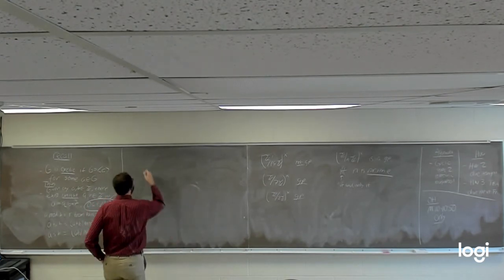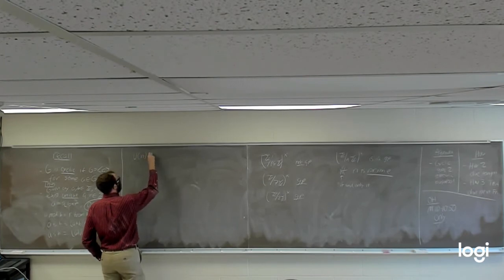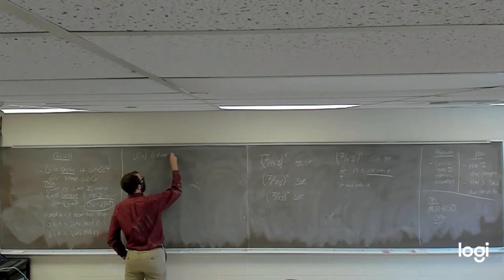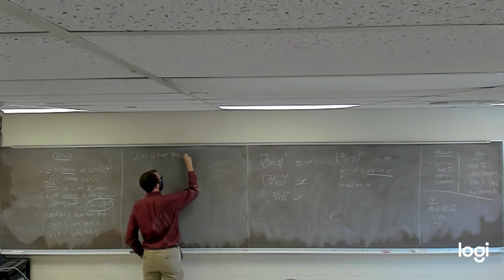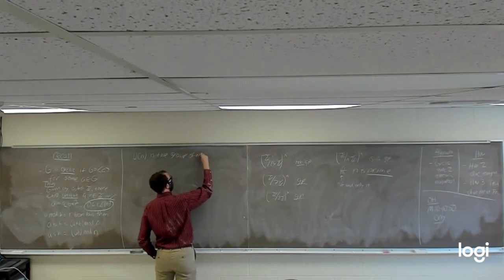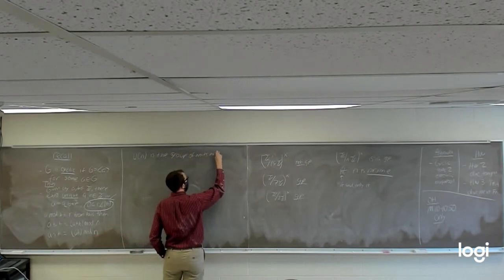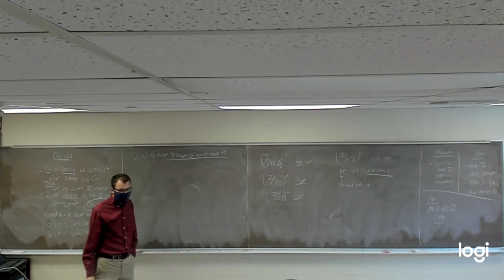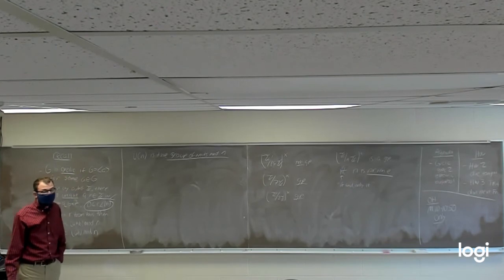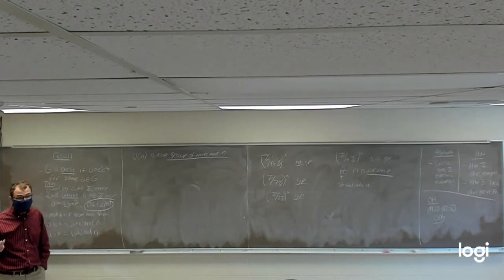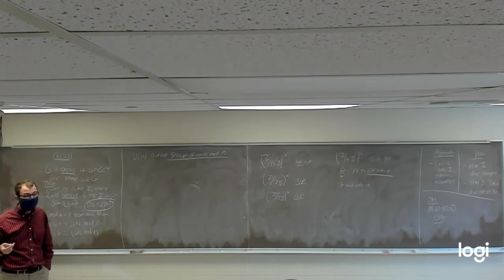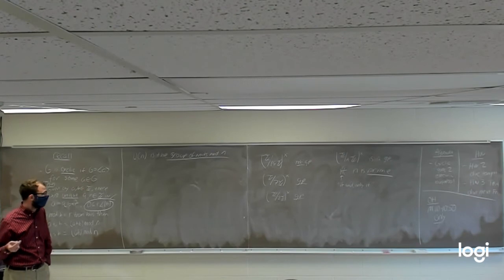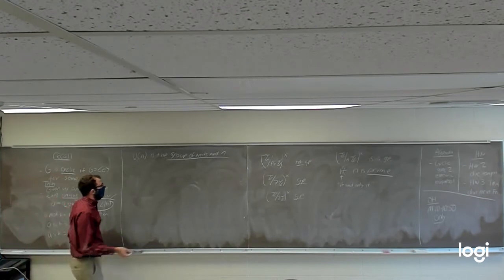So in general, U of n is the group of units mod n, or the unit group mod n. The elements of this group are all of the integers between 0 and n minus 1 that are relatively prime, whose greatest common factor with n is 1.